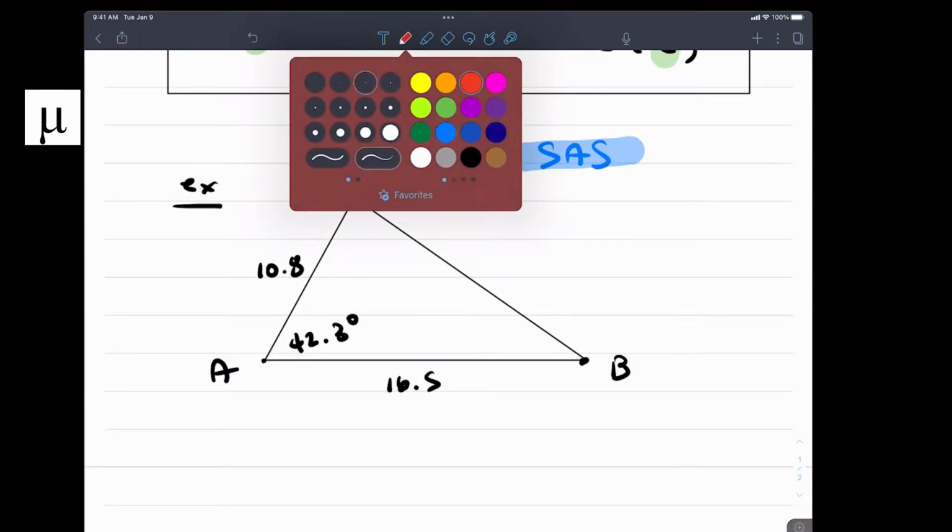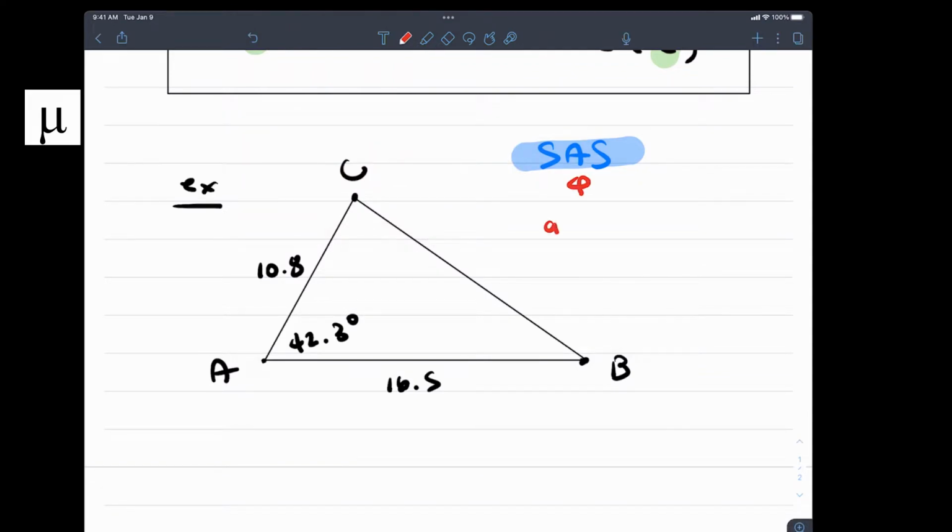There's a what? Angle between what? Two sides. So here's the deal. Side, angle, side. Okay, you guys okay with this?